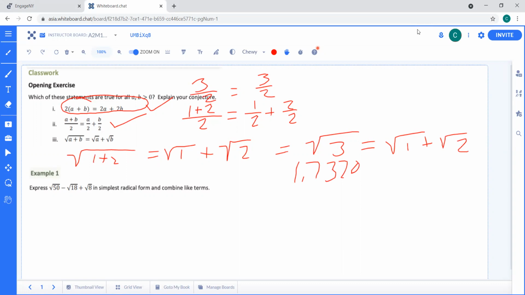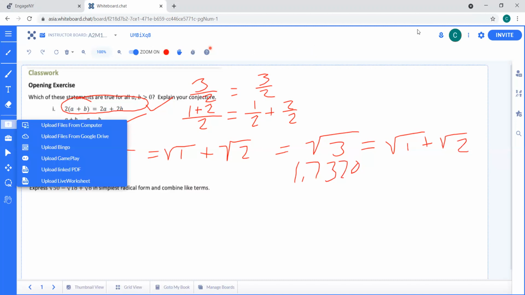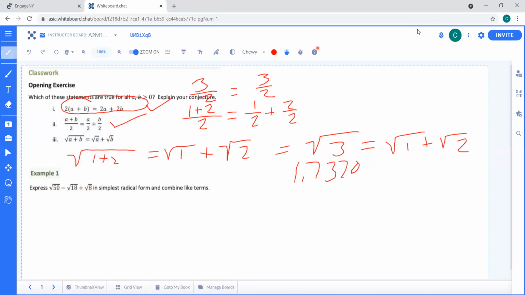Well, what's the square root of 2? Well, square root of 1 would be 1, plus this would be 1.4 something.